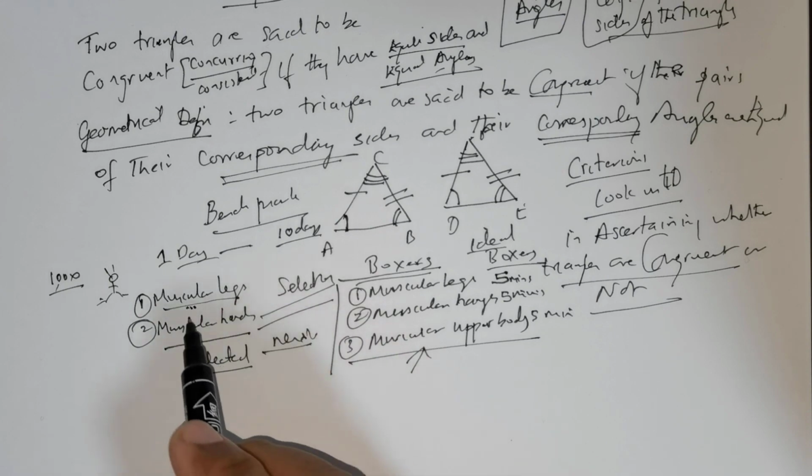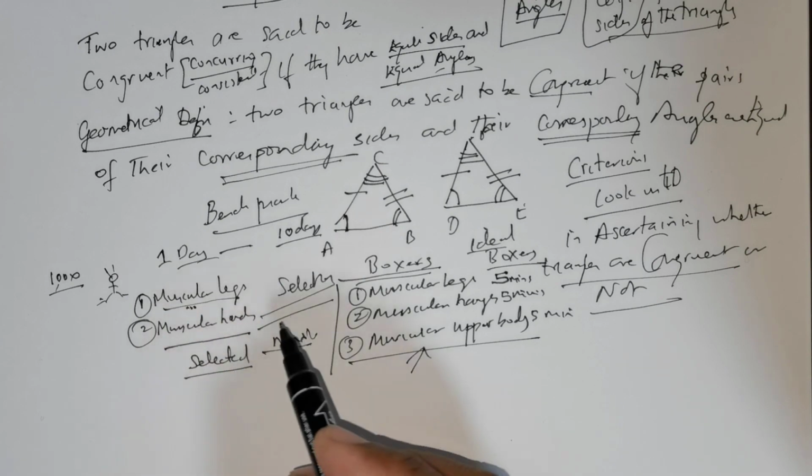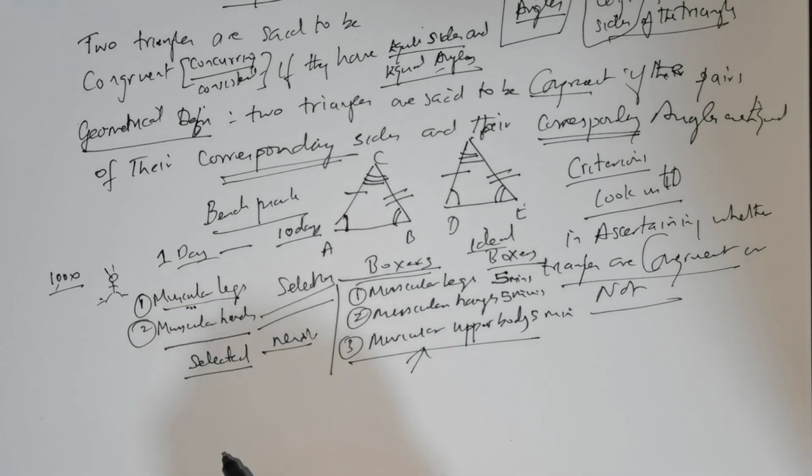And it's not easy to develop muscular legs unless the upper body has the power to push through. So the point I'm trying to say is, criterion 3 by default becomes approved.